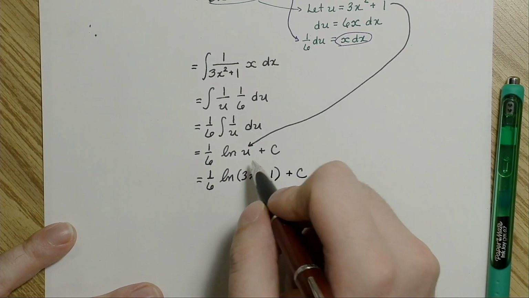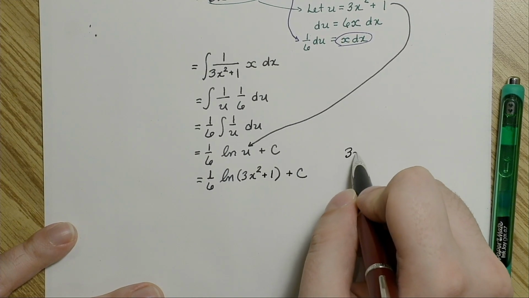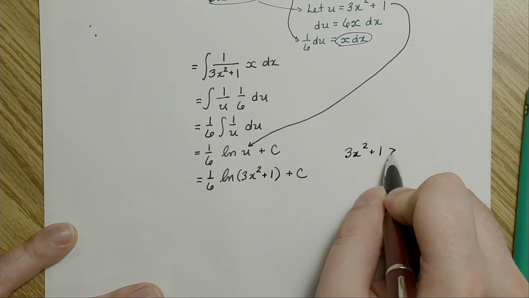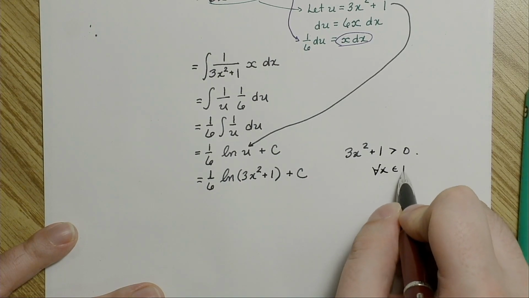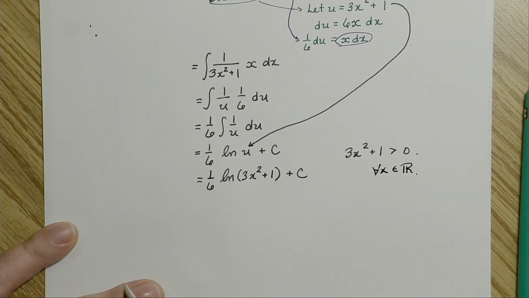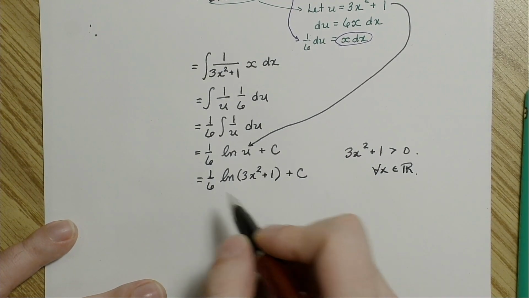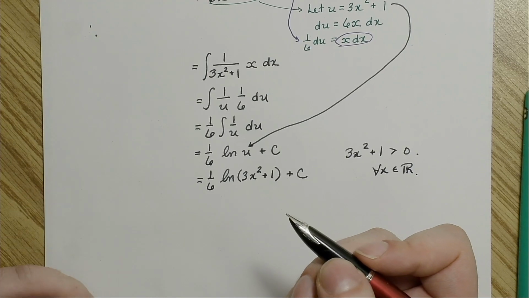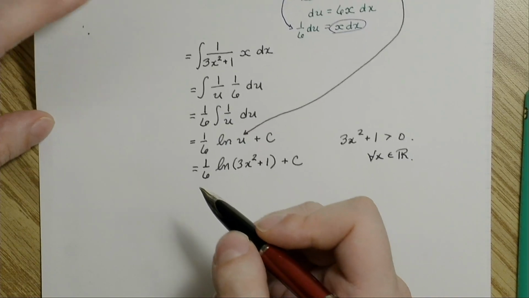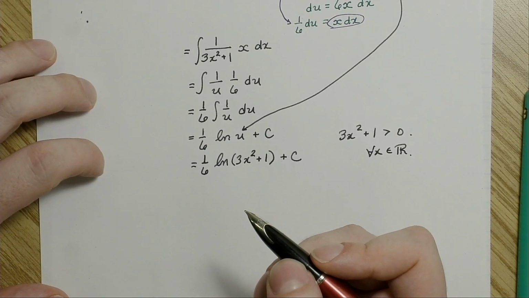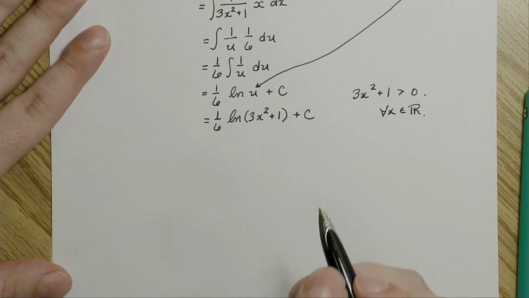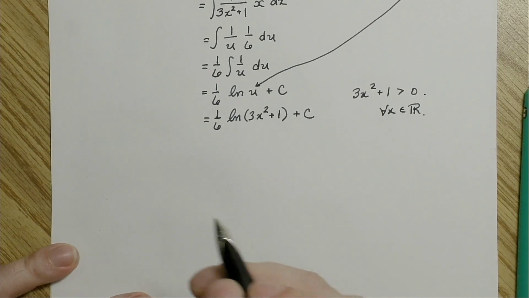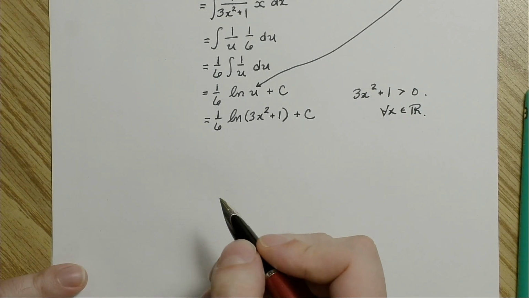Notice that I don't need the absolute bars because 3x squared plus 1 is greater than 0 for all x in the reals. So I don't have to worry about the absolute bars. And there's my answer. So I was able to evaluate that. Okay. What's another one?